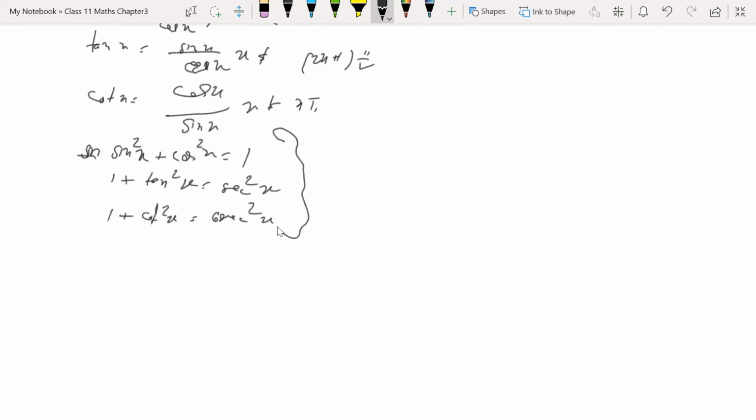In the earlier classes, you have also studied, as shown in the table in your book, the values of trigonometric ratios at 0 degree, 30 degree, 45 degree, 60 degree, 90 degree.